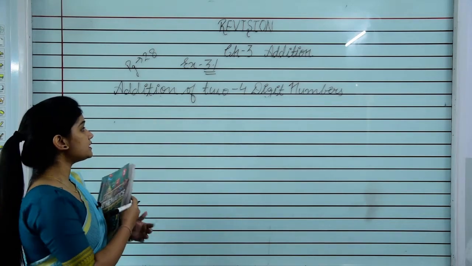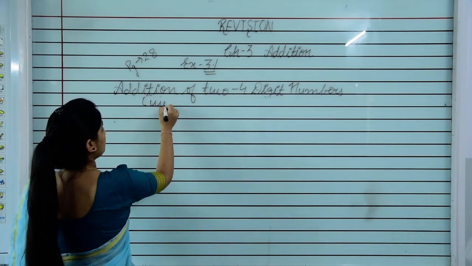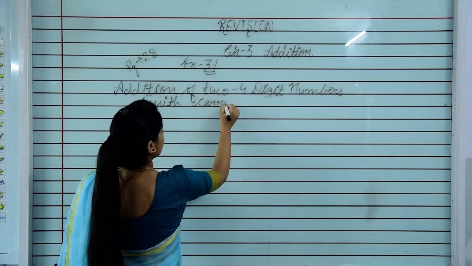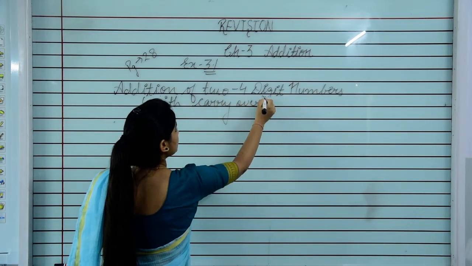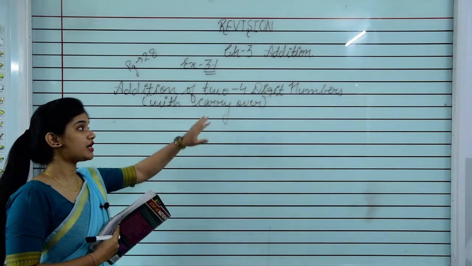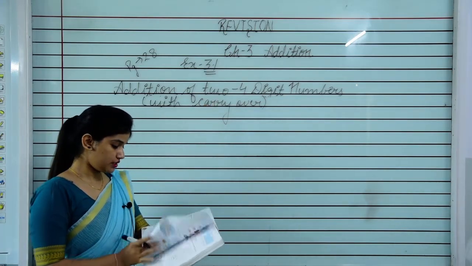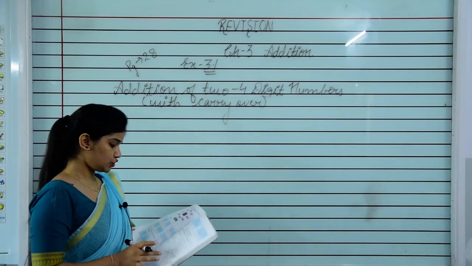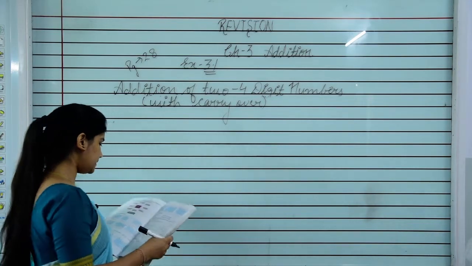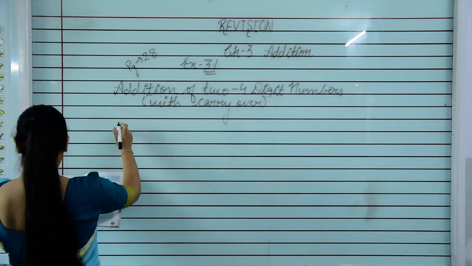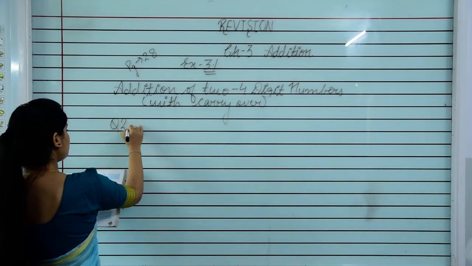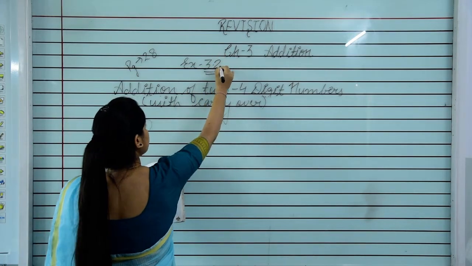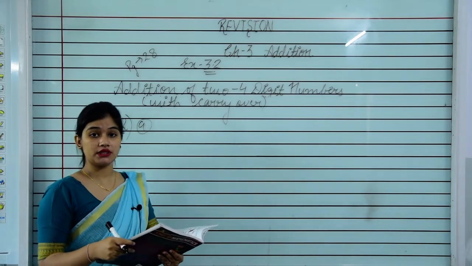So here students, now we'll see the questions. Again we are taking two numbers which have 4 digits. We are taking a question of exercise 3.2, question number 2, A part. This is exercise 3.2 on page number 30.